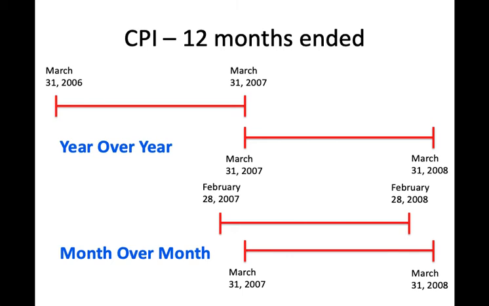And so now you can see that there is a significant overlap in months, right? March, April, May, June, July, August, September, all those months are shared by these two time periods. And the only 2 months that are different are the first month, the March 1st to March 31st, 2007 month, and then the March 1st to March 31st, 2008 month, right?